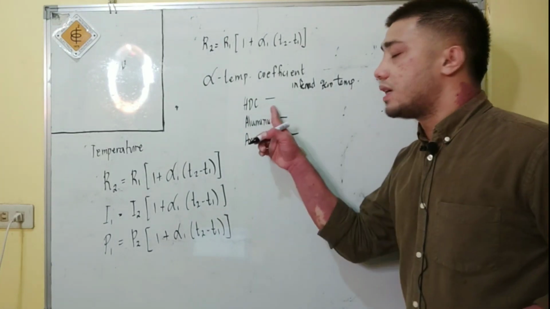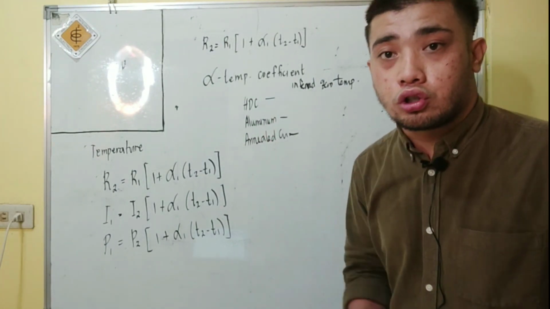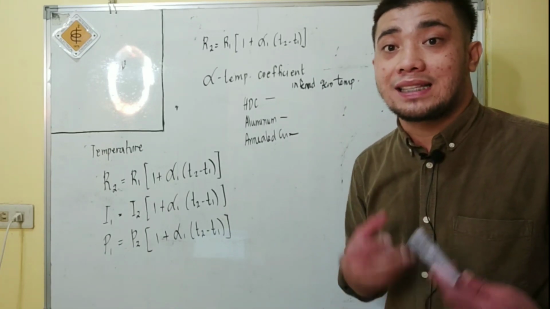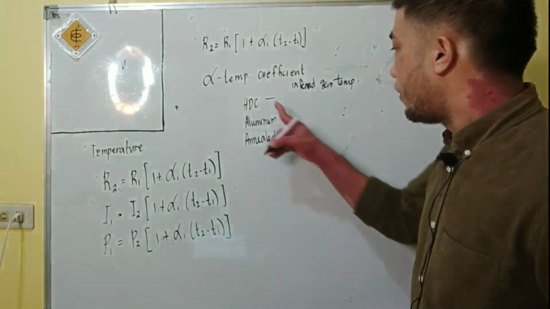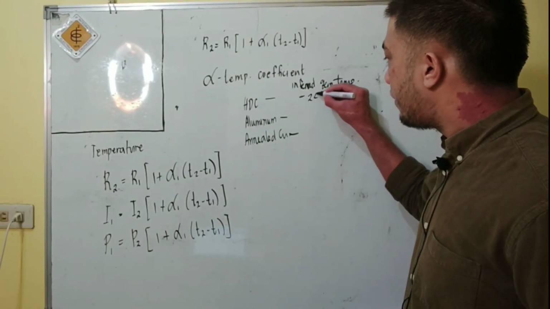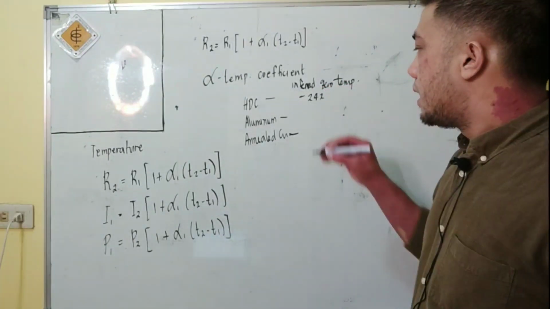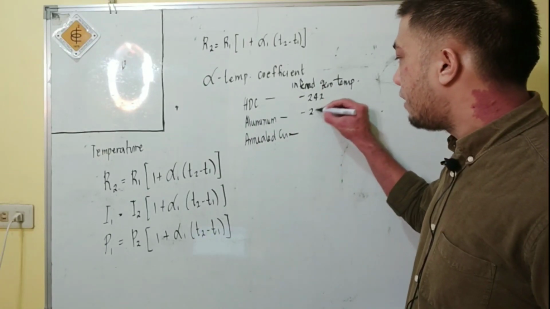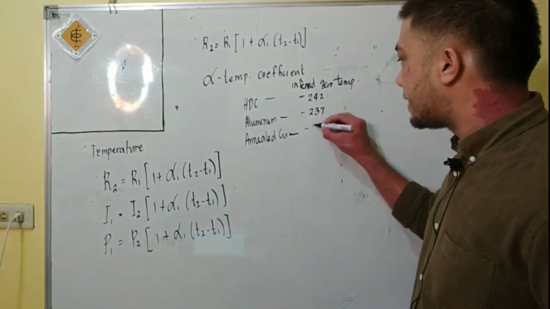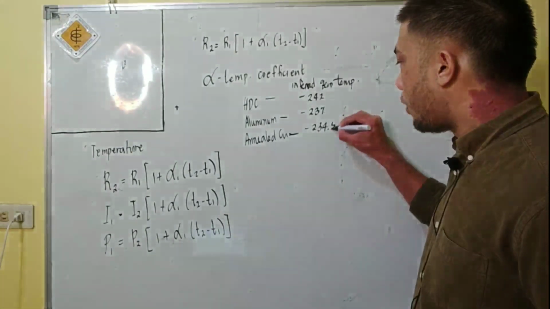Okay, the inferred zero temperature is needed to find the temperature coefficient at 0 degrees Celsius. For the hard-drawn copper, we have negative 242. For the aluminum, that's negative 237. And for the annealed copper, that's negative 234.5.